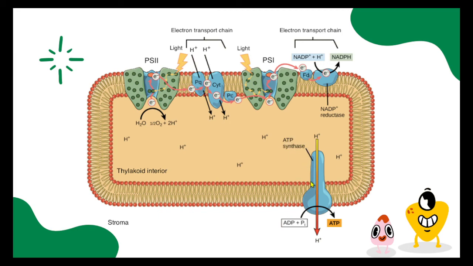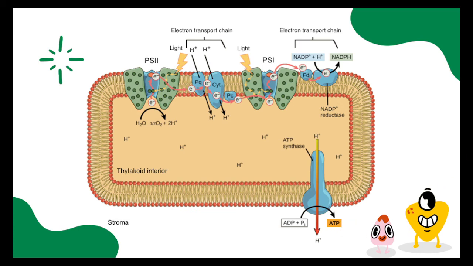And what it does, well, I hope you already got that from its name, it synthesizes our ATP molecules. And it does that by combining adenosine diphosphate with another phosphate. So now we have ATP. This is our third product. So again, in non-cyclic electron flow, we have the products oxygen, we have NADPH, and we have ATP.